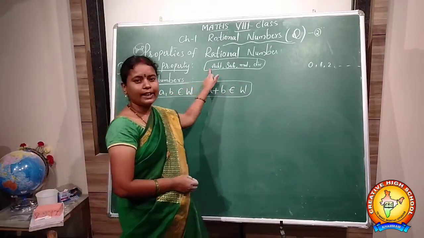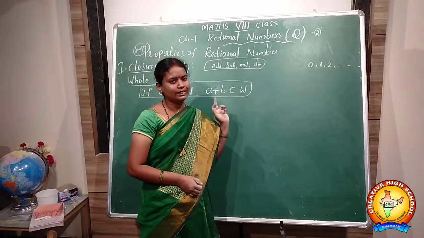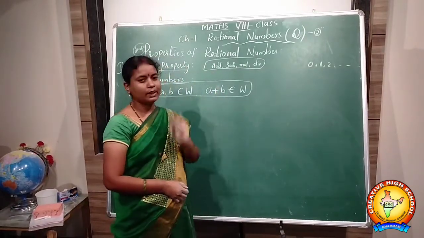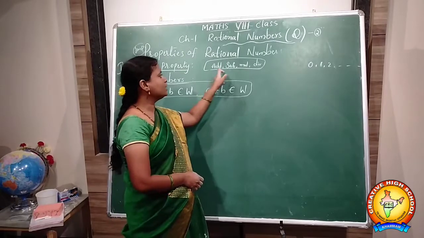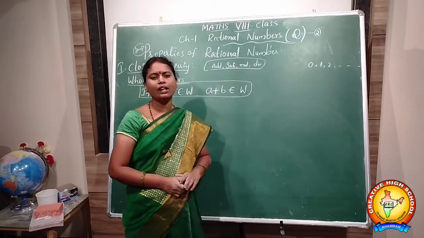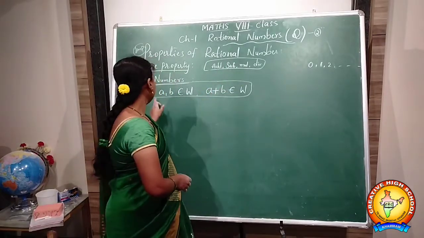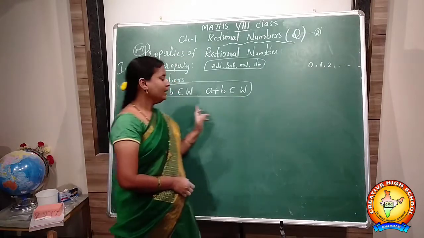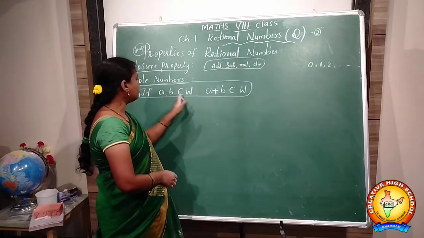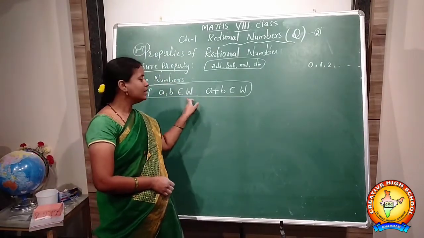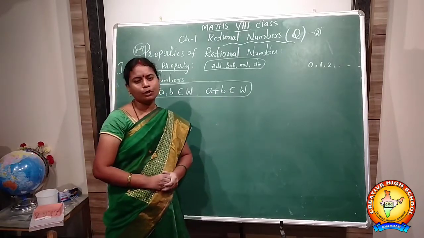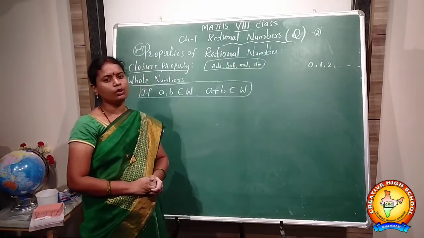Already I told you we have to apply this closure property for four basic operations: addition, subtraction, multiplication and division. So what is the closure property? If a and b belong to whole numbers, a plus b also belongs to whole numbers.